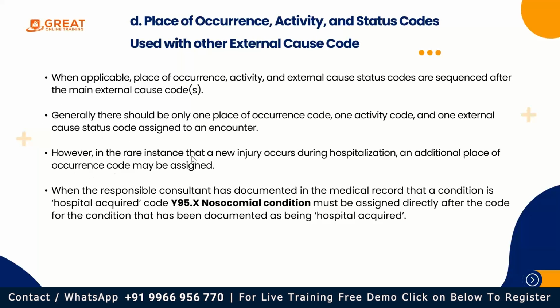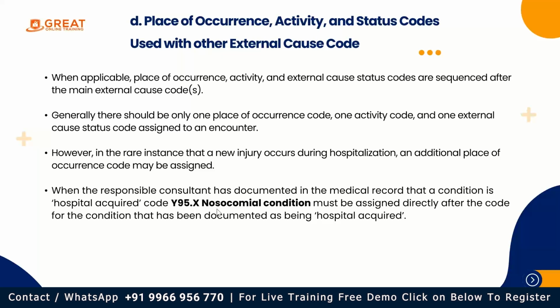However, in the rare instance that a new injury occurs during hospitalization, an additional place of occurrence code may be assigned. In rare instances where a new injury occurs during hospitalization, in that case, we can use an additional place of occurrence code. Okay? When the responsible consultant has documented in the medical record that a condition is hospital acquired, we have to use code Y95.X.